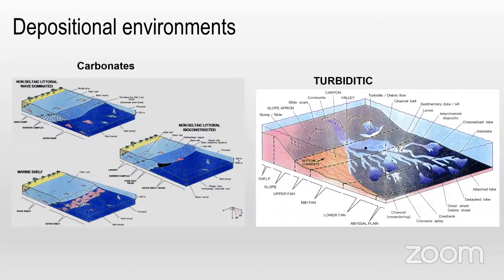So this area has a high porosity because the source of sediments is in this high energy environment. Because of that, the porosity of the sediment in the deep marine area is high.